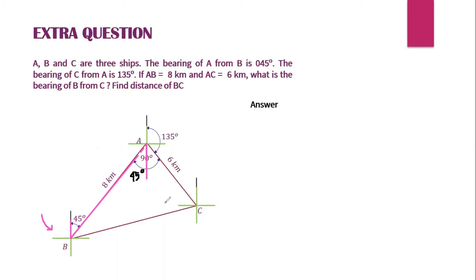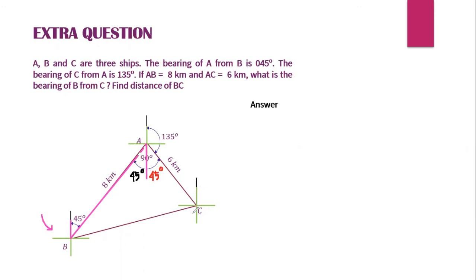This is the alternate angle property, so that's very easy. And automatically here is 45 degrees. Why? Because this one is 90 degrees, 90 minus 45. So we find here 45 degrees. Very easy.